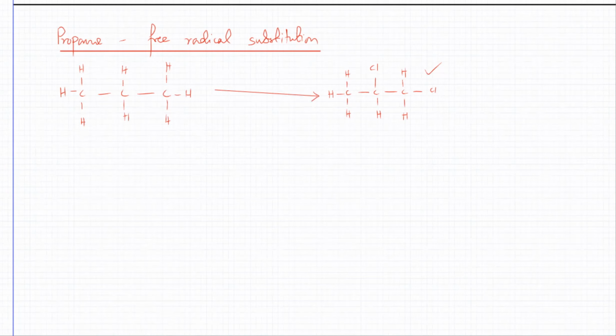Then they gave us this one, and they said that this is a possible product. So do we have to remember the ones that they might give us? You don't have to.